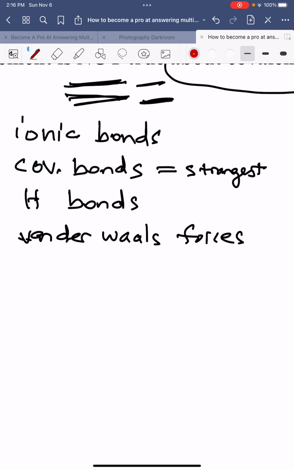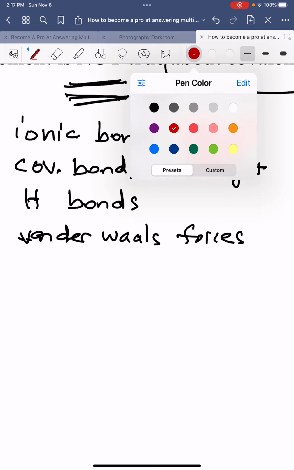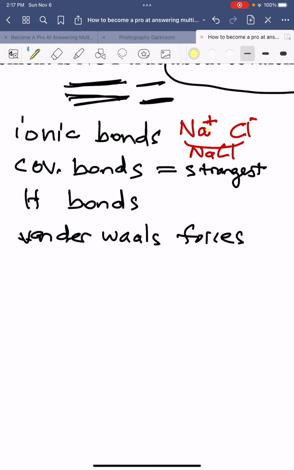Maybe you learned an example of an ionic bond forms between sodium ions and chlorine ions, and it forms sodium chloride. So here we have the attraction between opposite charges of ions, and those create a bond, a molecular bond that is an ionic bond.